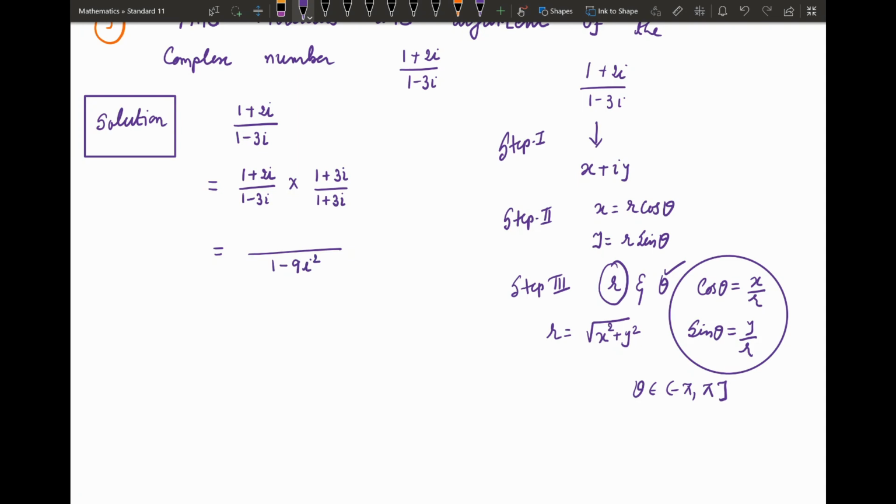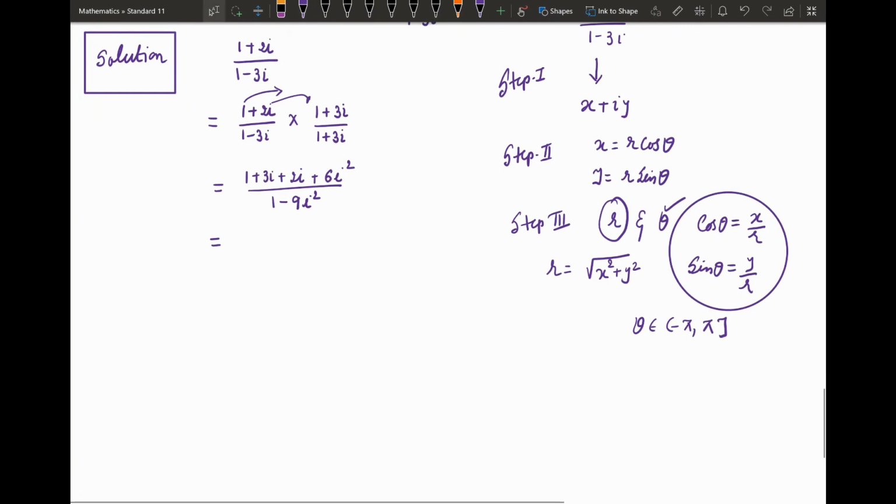Now in the numerator, ordinary multiplication: first we multiply 1 into 1 plus 3i. Now 2i into 1 is 2i, plus 2 into 3, 6i square. I square is minus 1, so 1 minus 6, and 3i plus 2i is 5i.